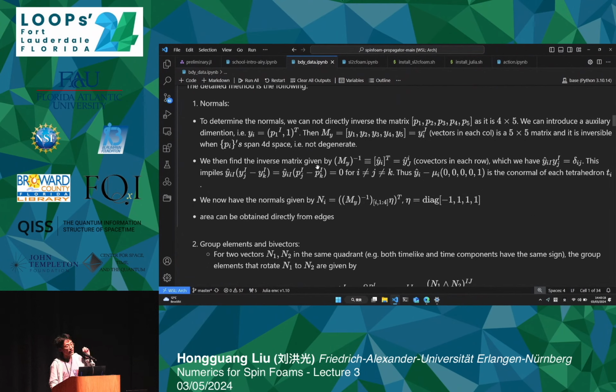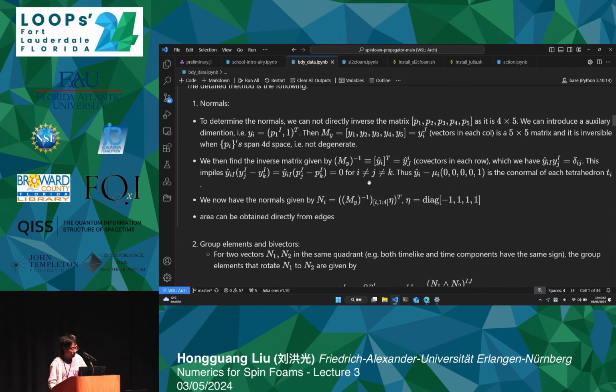Of course, you have an extra dimension, but this extra dimension is trivial because its 5th index is 0. So you automatically obtain the conormal of your edge vector if you just ignore the 5th dimension you added. This is basically how we obtain the normal vector.